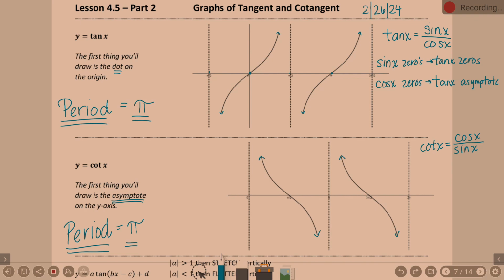So that means any place that cosine has a 0, cotangent has a 0. So I'm going to say cosine 0 is going to equal cotangent zeros. Let's see, cosine it starts high, it crosses through at pi over 2. Minimum, crosses through at 3 pi over 2. Those zeros match up, don't they?